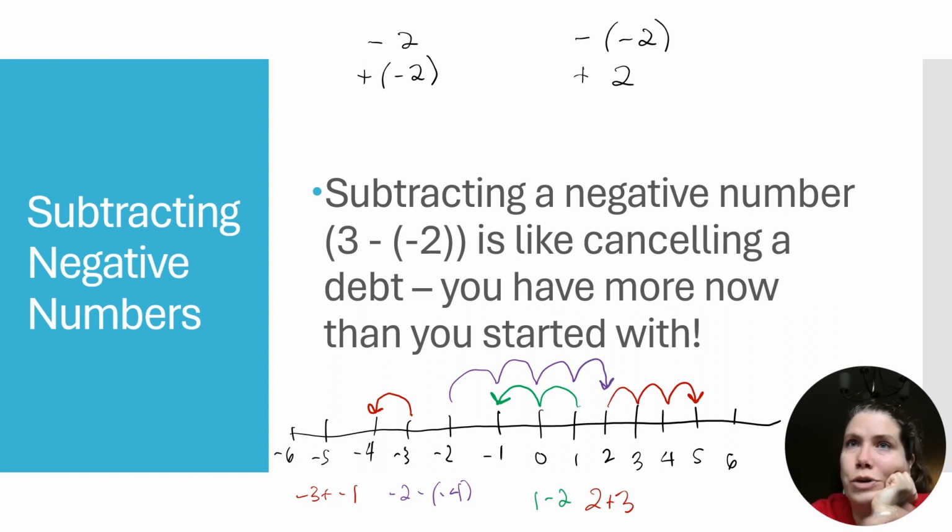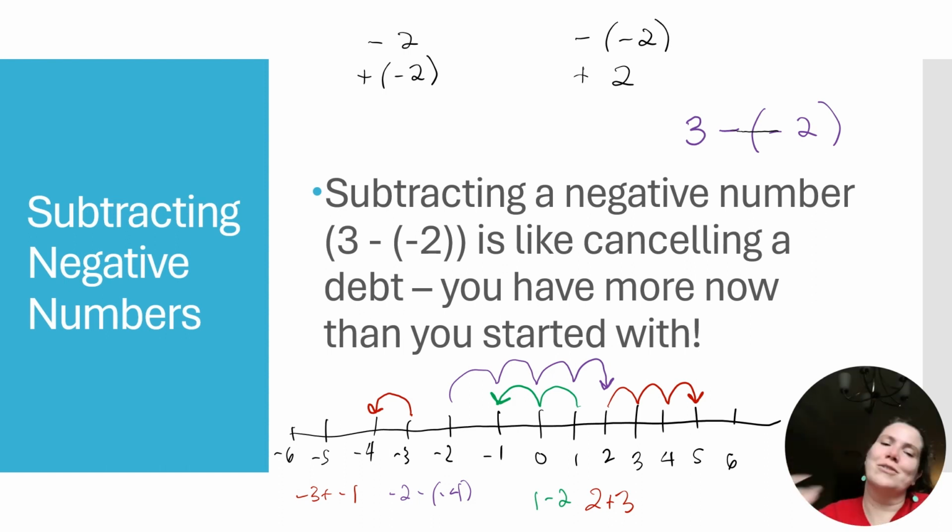So subtracting a negative is exactly the same as adding a positive. I also had a teacher who would always write it like this. If you had 3 minus -2, you can just imagine that minus and that parentheses just turning into an enormous weird plus sign. So subtracting a negative is the same as adding a positive.